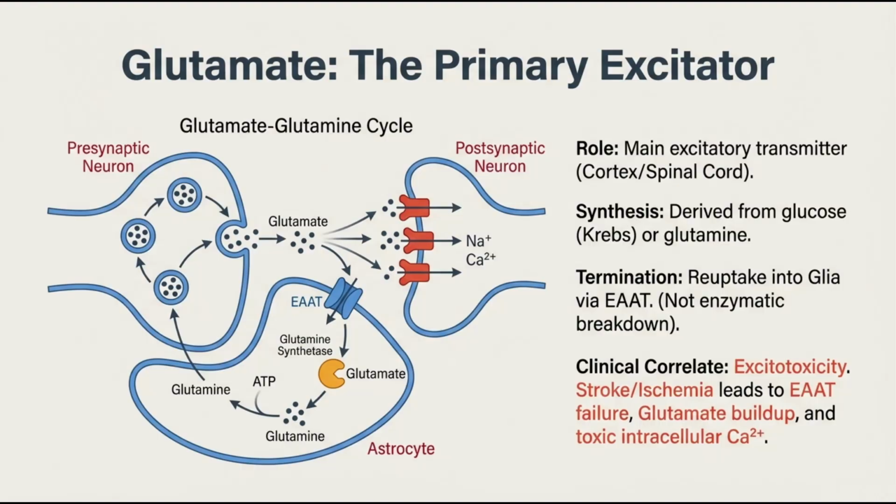Wait, why not? Why doesn't the neuron just take it back? That seems more efficient. Because having high concentrations of free glutamate inside the nerve terminal cytosol is actually dangerous for the neuron itself. It needs to be carefully compartmentalized. So the astrocyte steps in to help. It has these incredibly high affinity pumps on its surface called excitatory amino acid transporters, or EAATs.